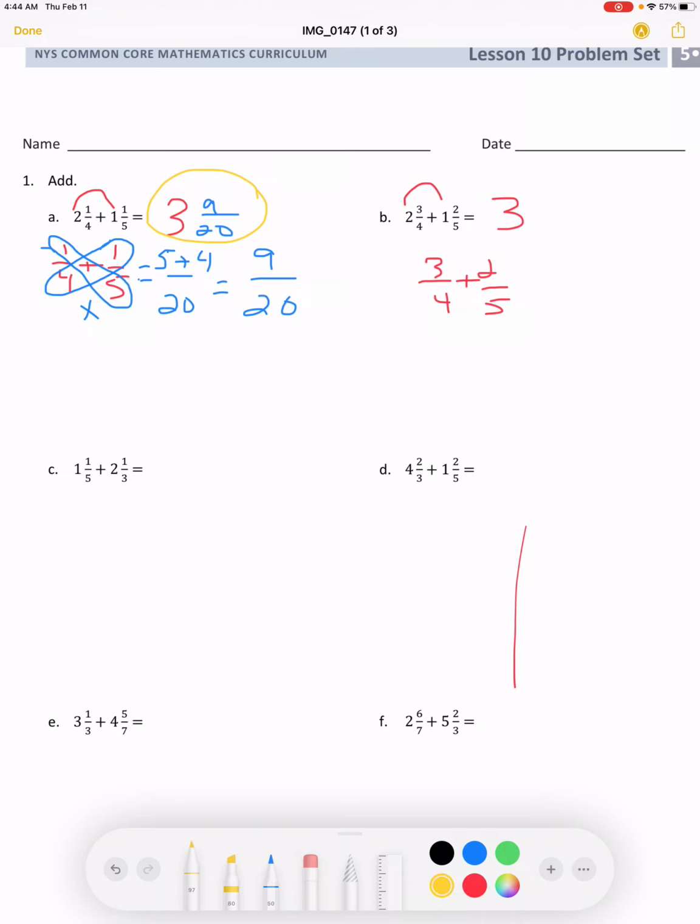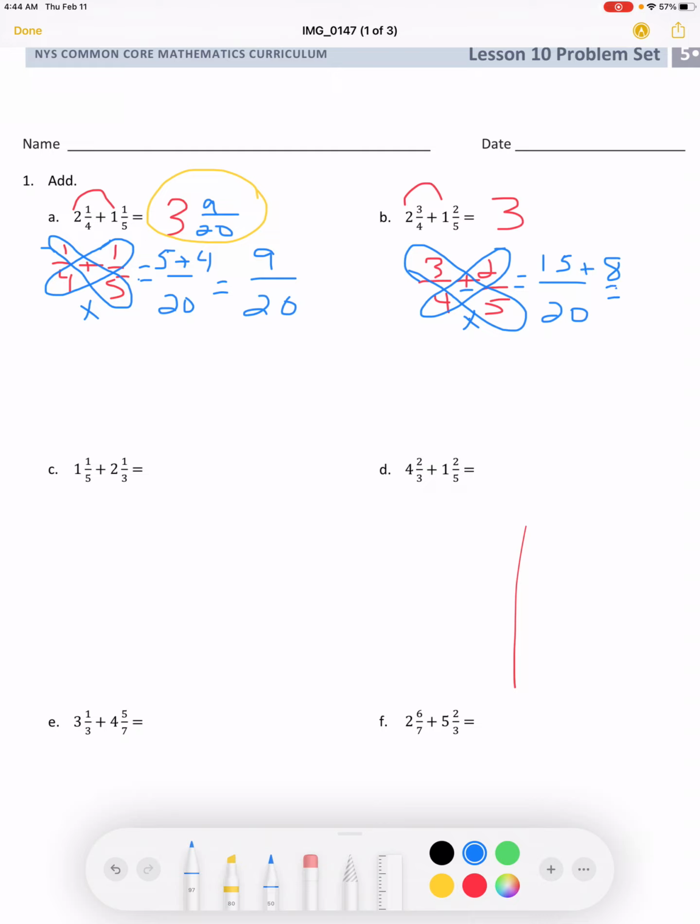We have to use our strategy. I want you to multiply the denominators. 4 times 5 equals 20. Good. And then we butterfly. 3 times 5 equals 15. 2 times 4 equals 8. And because this is an addition problem, we're going to add our numerators. 15 plus 8.